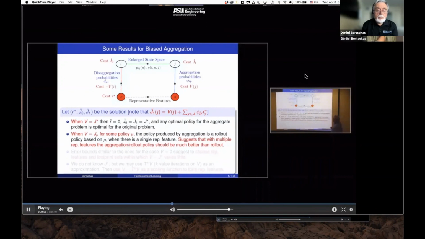This suggests that if you have multiple representative features, and therefore a more accurate approximation framework, then the aggregation policy is going to be much better than rollout. All of this has to be verified, but it's clear from simple examples that this should be true in some form. All of this is very new, okay? We're talking about stuff that's been developed in the last 3 months.